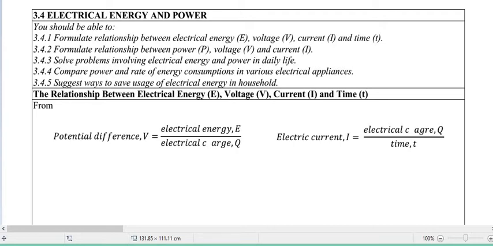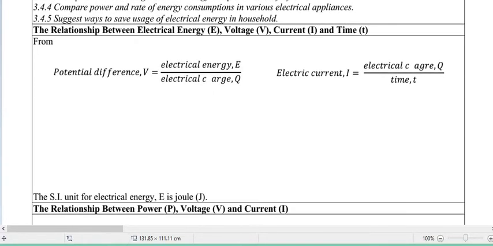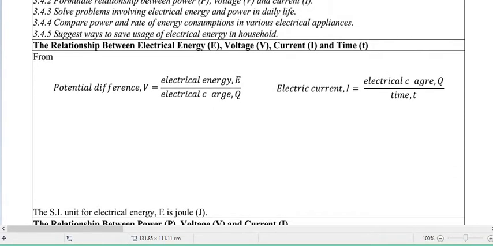Alright, after that, we want to learn how to calculate the power of the electrical appliance. Okay? Alright. So the first thing is we need to learn how to calculate the energy.